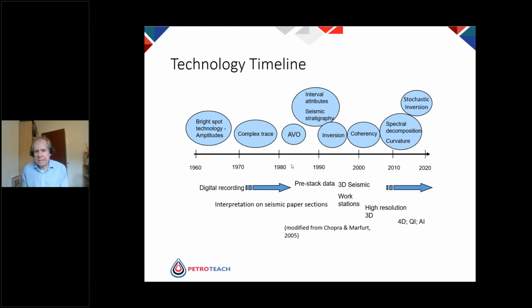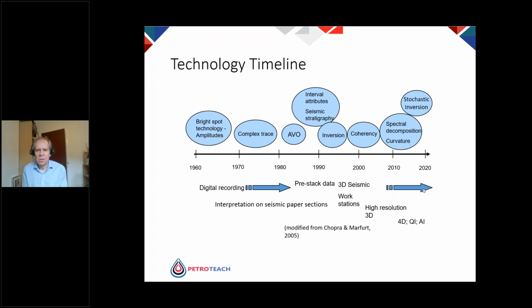I've extended this to 2020. The original figure I think stopped in 2010 or even before that. We're now looking at, I think, most projects, the data coming out is true amplitude, and we've got results that we can trust.